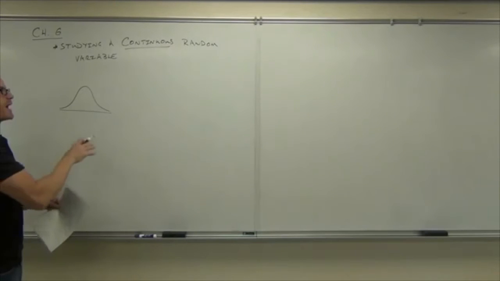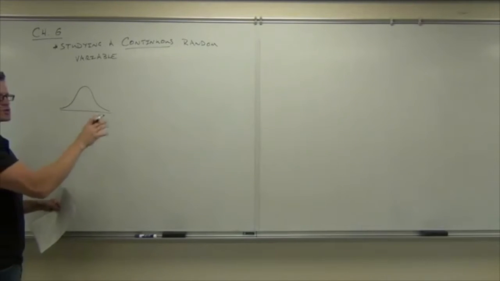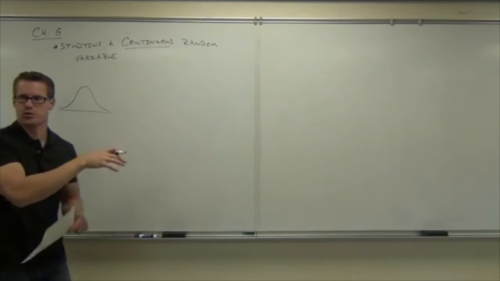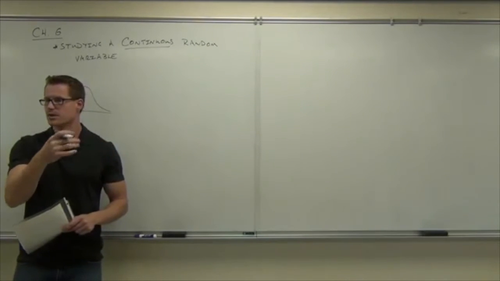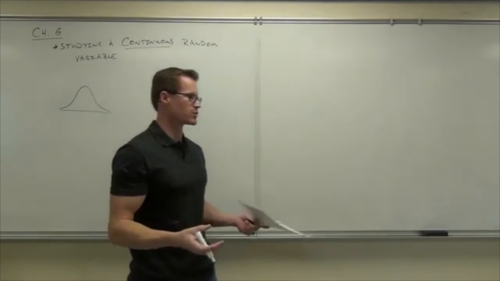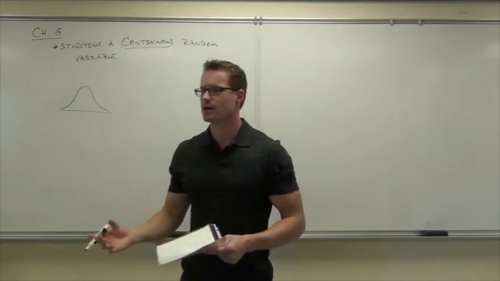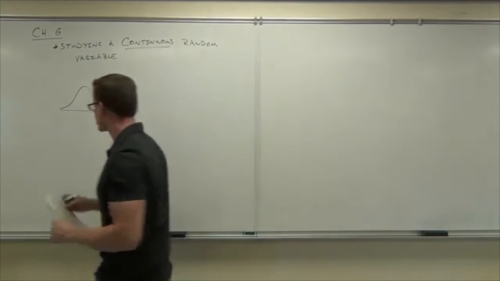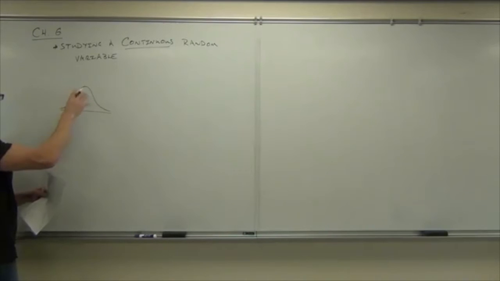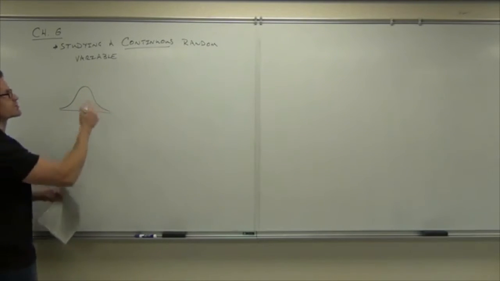So if we have a normal distribution or a bell-shaped curve, that's really what we're looking for in chapter 6, something that's normally distributed. If we don't have a normal distribution, none of this stuff really applies. So what we need out of this chapter is for our continuous random variable to have a symmetric bell-shaped curve, otherwise known as a normal distribution.